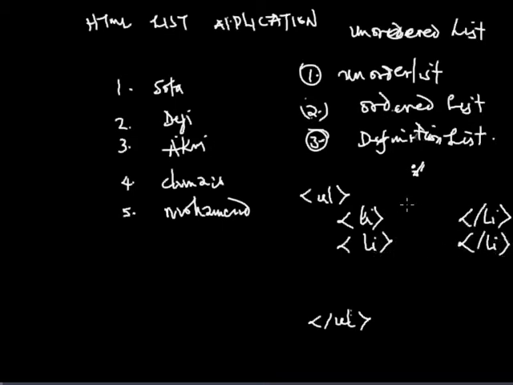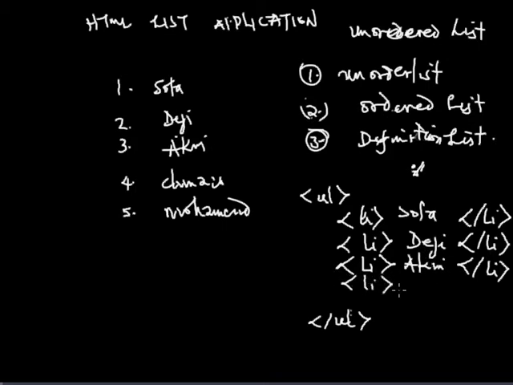Now you put Shola here, you put Deji here, li open, li close, you put Akin here, li open, li close, you put Chinaza here, li open, li close, and you put Mohammed here. So this is all about the unordered list.